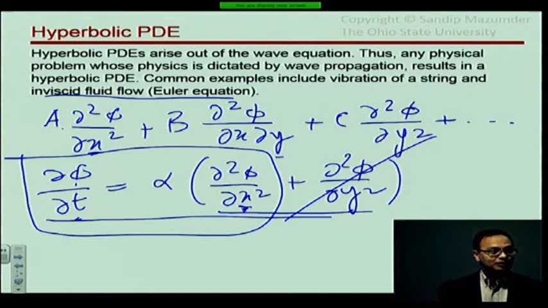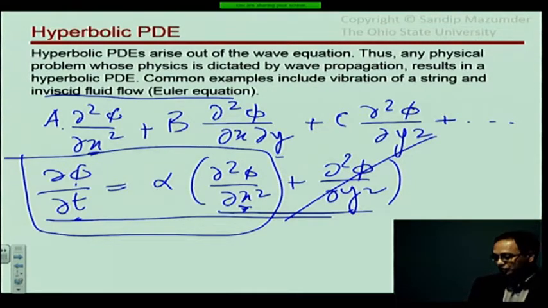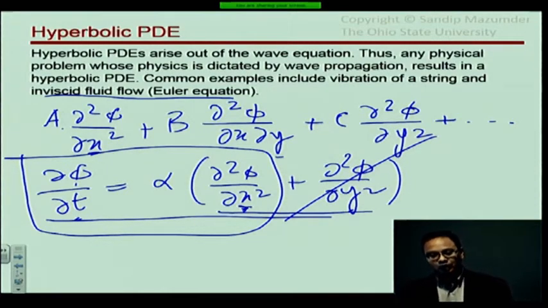So there are all these issues that you get into when you look at actual equations used in physics or engineering. But in this class we are looking only at canonical partial differential equations, so we are sticking to equations that are of one type. I want you to keep in mind that not all equations can be purely classified into one type. Some of them are mixed. They have mixed characteristics.